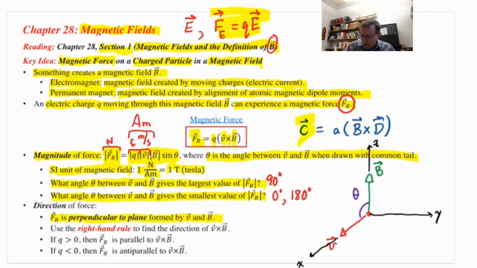Okay, let's apply that to our picture right over here. The magnetic field B and the velocity vector v lie in the xz plane in this picture. That's a mathematical plane, the xz plane.